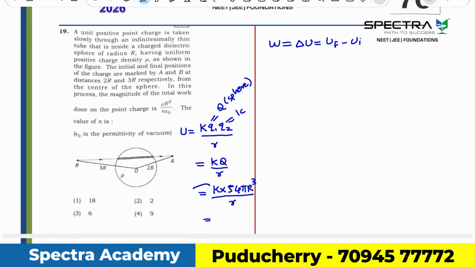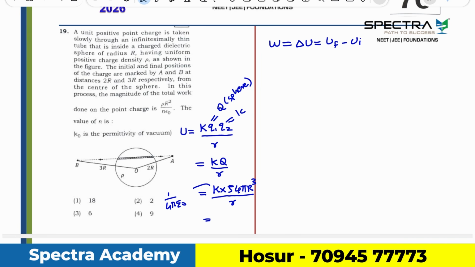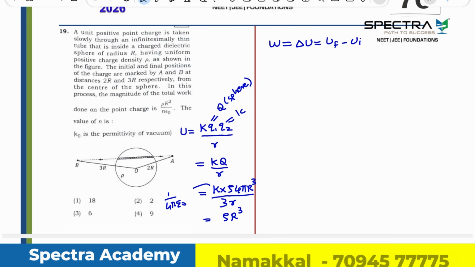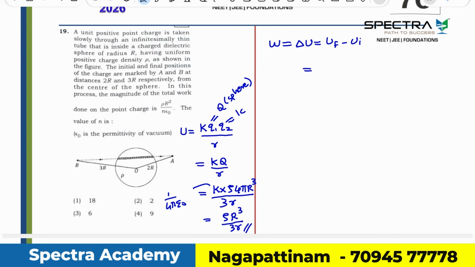Now you know the expansion of K: K is 1 by 4 pi epsilon naught. If we substitute that, you will get rho r cube divided by 3 epsilon naught, since the volume is 4 by 3 pi r cube, divided by small r. So you got the equation for the potential energy. Now just apply the equation. What is U final?